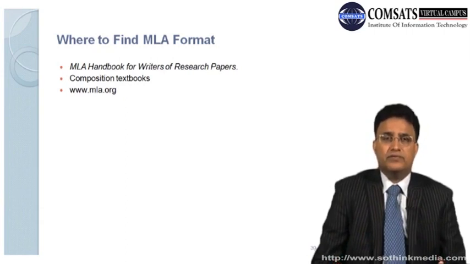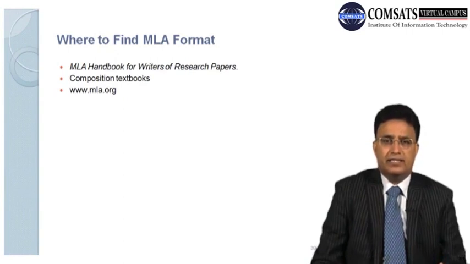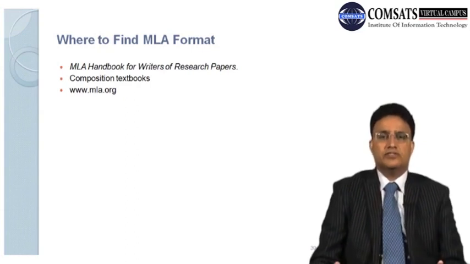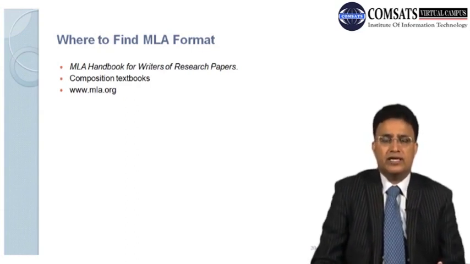One of them, which is frequently used in the humanities, is called MLA, that is Modern Language Association. Another, which is mostly used in the social sciences, is called APA, that is American Psychological Association.